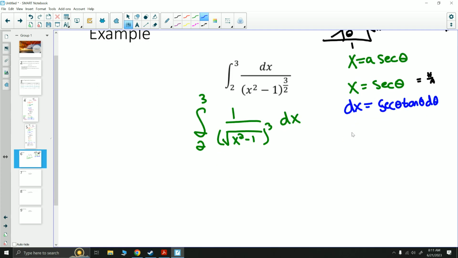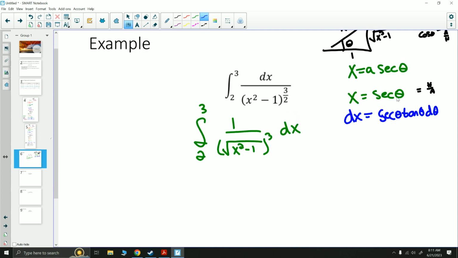Let's go ahead and start replacing these things then. So x is secant theta, so we're going to end up with the integral from 2 to 3. Now, something to note as well is that these bounds of integration are in terms of x. So when we change this into theta, they're not going to be true anymore. We could change them into theta, and in problems like this, sometimes I do it, sometimes I don't. It can save us work to change these along the way. Otherwise, you have to change them all back to x's before using our definite integrals.